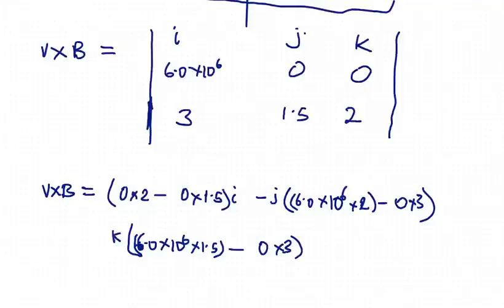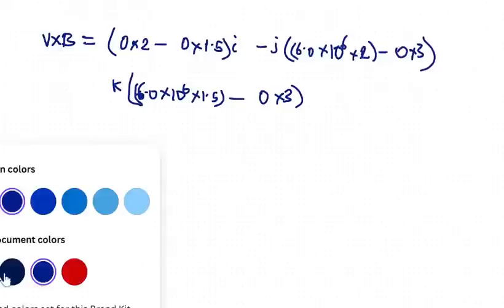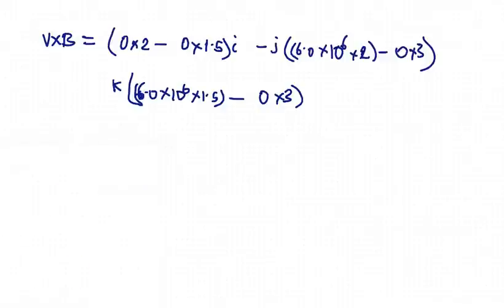So let's try to do it individually. The first term is for the i component. I have 0 multiplied by 2 minus 0 multiplied by 1.5, and this is equal to 0. Everything here is 0.